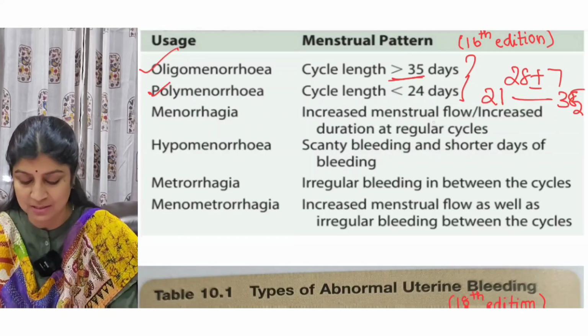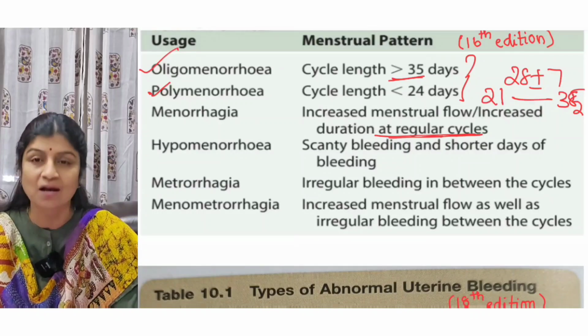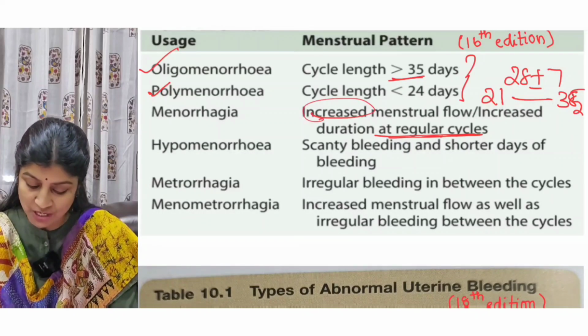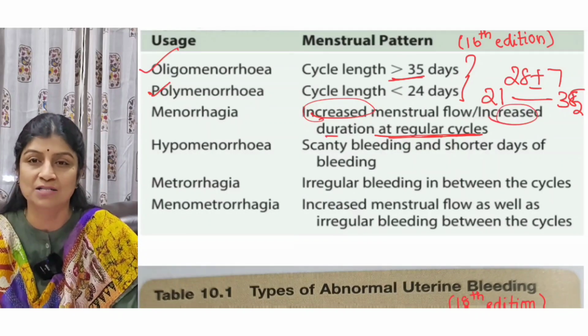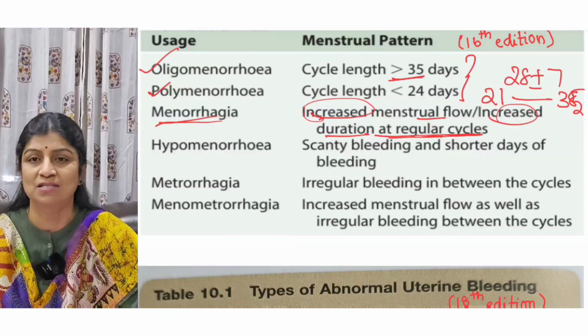With a regular cycle length at regular intervals, but either increased bleeding or increased duration is called menorrhagia. So menorrhagia has 2 components, and either one is enough to call it menorrhagia.